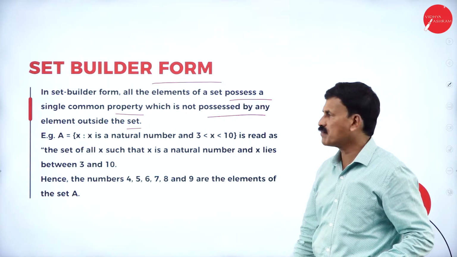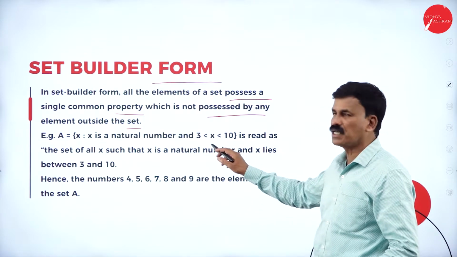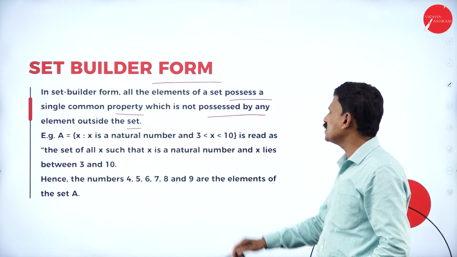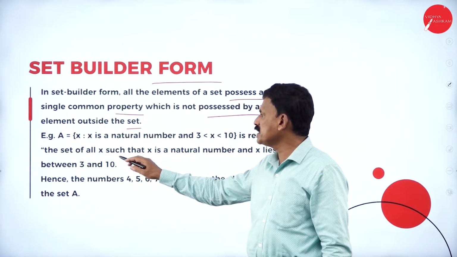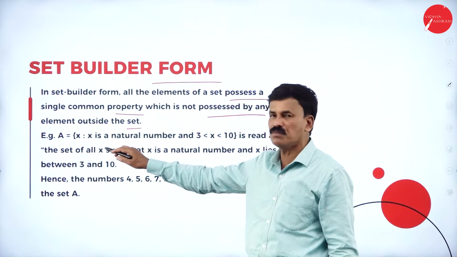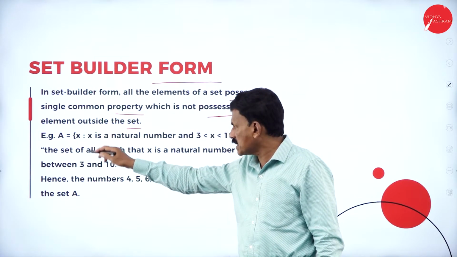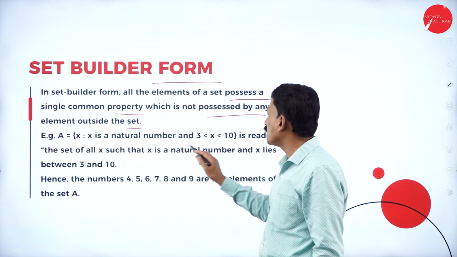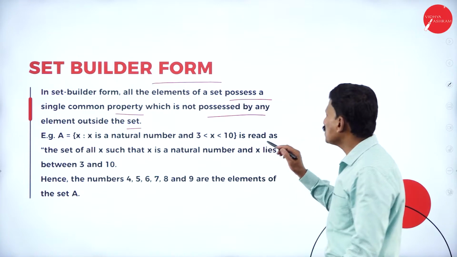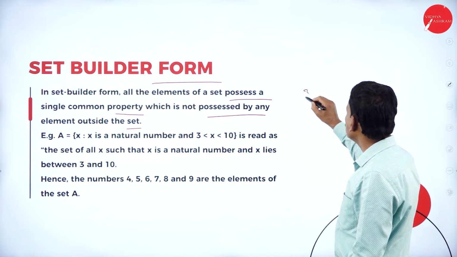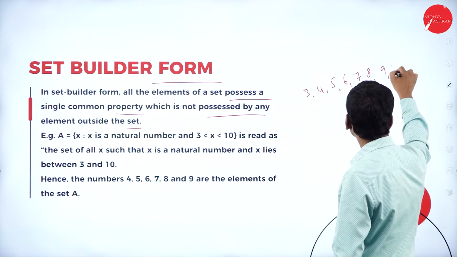So let us consider, for example, A is equal to {x such that x is a natural number and x lies between 3 and 10}. How to read this? It is read as the set of all x such that x is a natural number and x lies between 3 and 10.